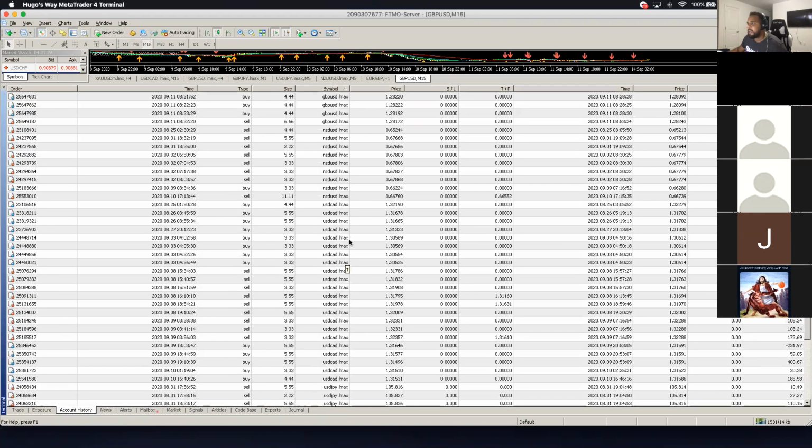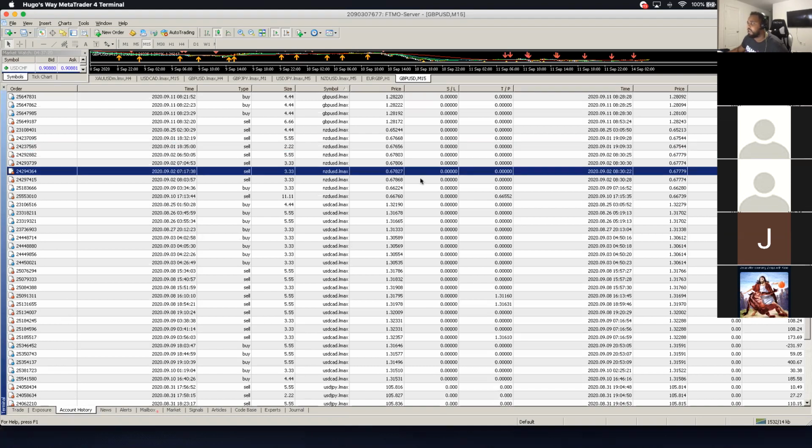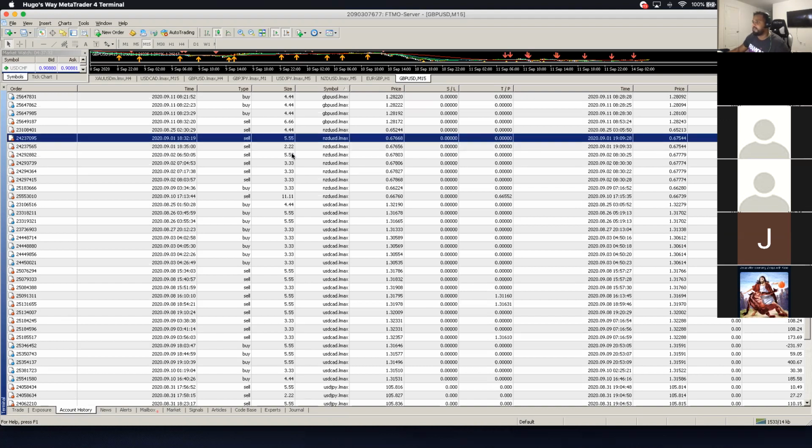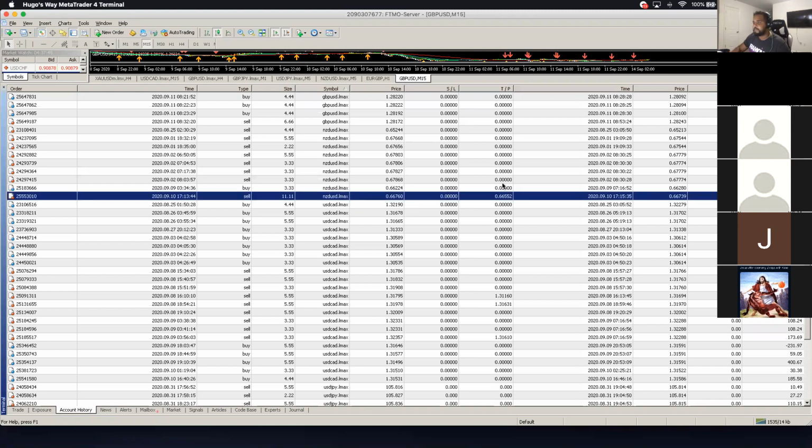So I had NZD USD on September 1st and 2nd. Look at all the lot sizes I had. Now I closed them with good profits. I had a $5 lot at 6766, 6768. I had another entry at 6780, right? And I settled for a total of what? I even had an $11 lot all the way up there. And I closed it.